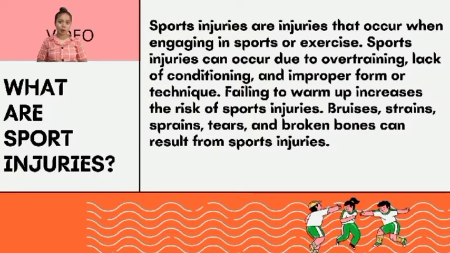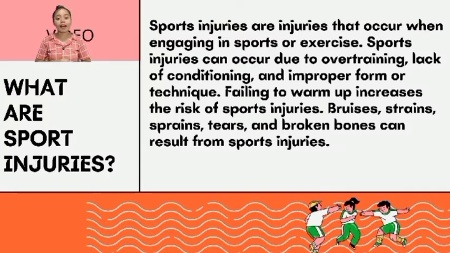So what is sports injuries? Sports injuries are injuries that occur when engaging in sports or exercises. Sports injuries can occur due to overtraining, lack of conditioning, and improper form or technique. So in short, ang sobrang pagtitraining, kailangan natin mag-train upang tayo ay gumaling.